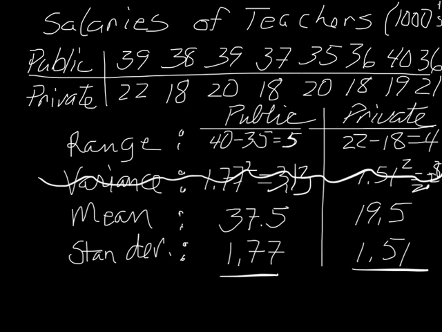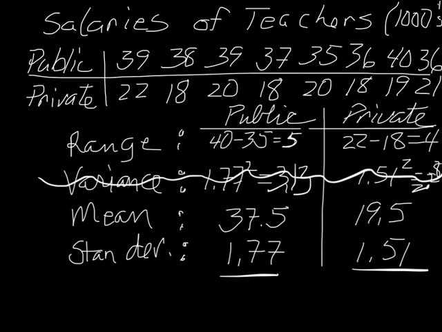The average amount of money that is made is $37,500 for public school and $19,500 for private. Standard deviation is 1.77 for public, 1.51 for private. Those have exactly the same units, so thousands of dollars.